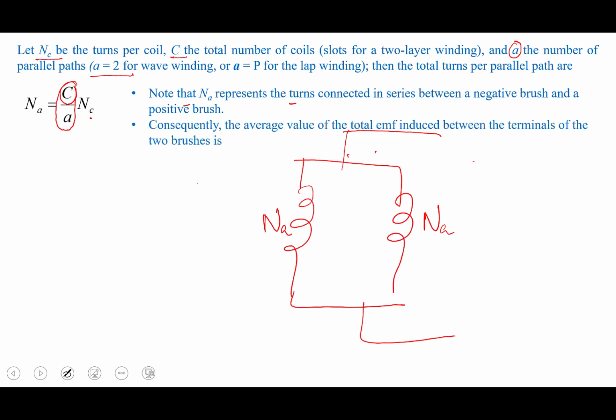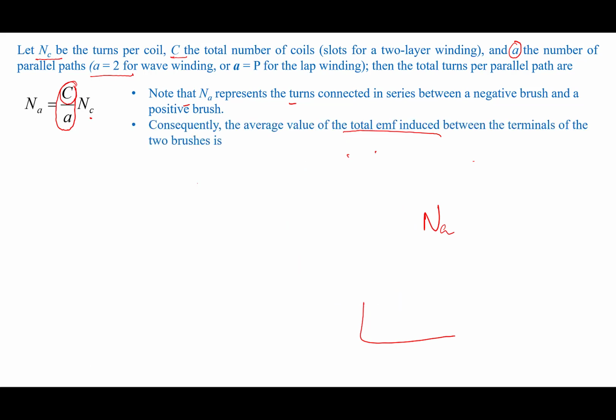So now I can find the average value of the EMF induced across the terminals of the two brushes. Ea is the voltage in each parallel path, that is the voltage across the contacts of the commutator segments. So Ea will become Ec into Na.